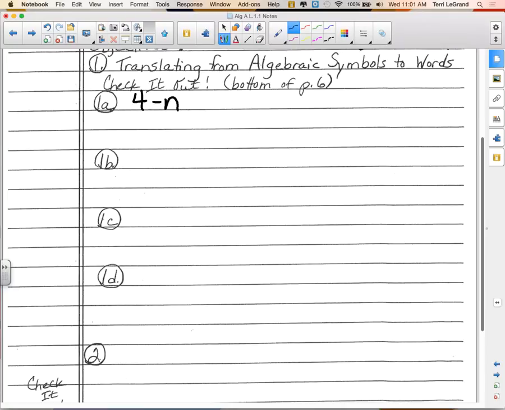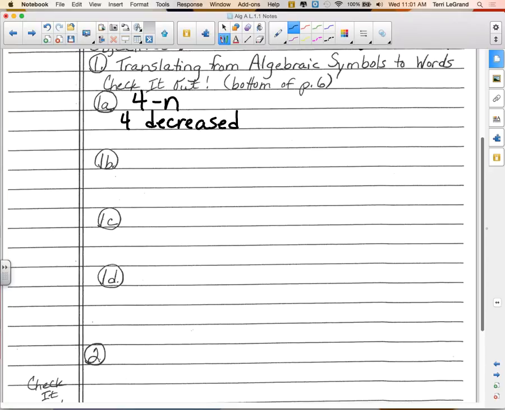So, what's one way we could write this? A word phrase that tells us this is what the algebraic expression would be. 4 decreased by a variable. And we can just say n, so we don't have to write the word variable. Instead of writing the word 4, I'll let you write the number.